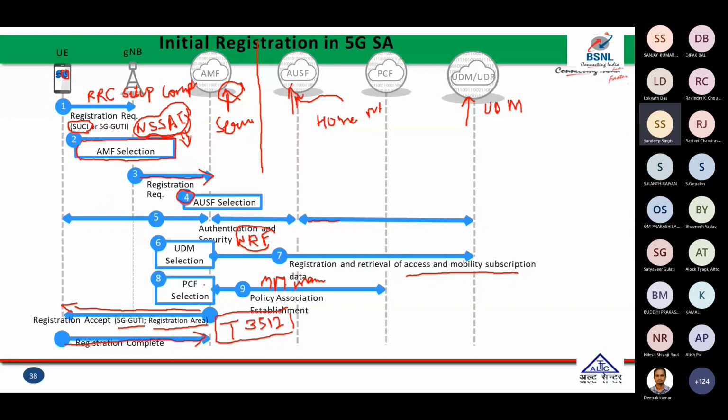Sir, but that information is not available in gNodeB, sir. That may be available in AMF. Actually, the PLMN identity is sent by gNodeB. In the roaming scenario, suppose a Punjab user goes into the UP LSA.